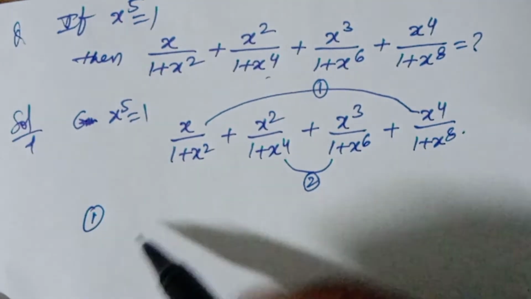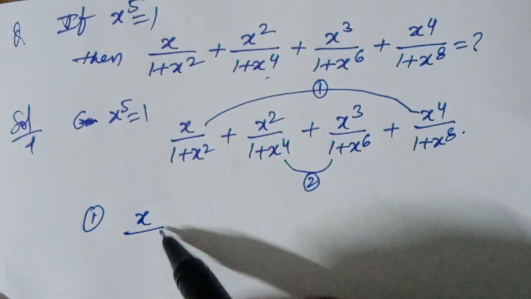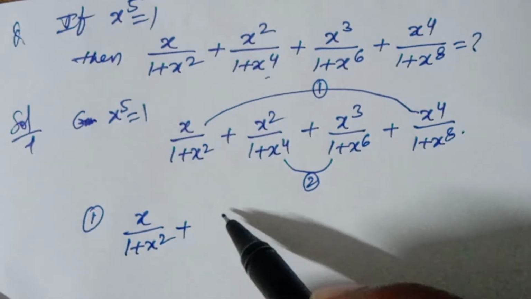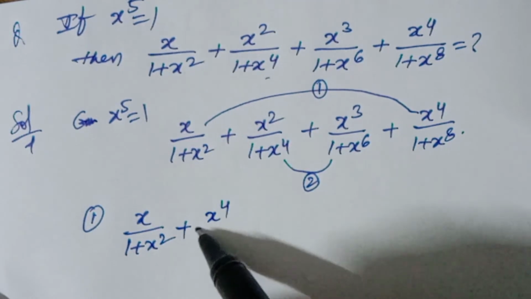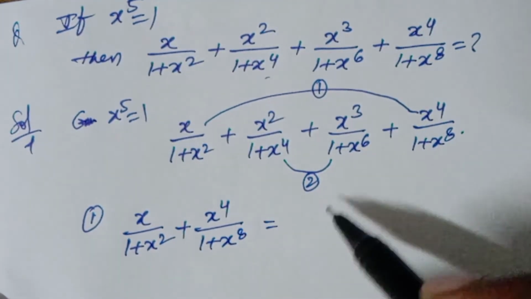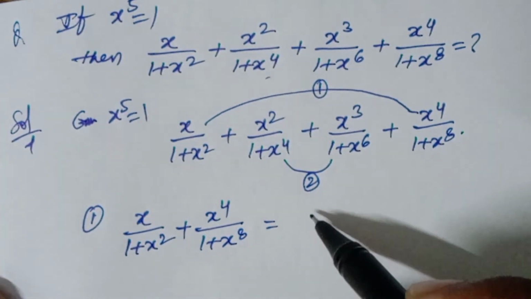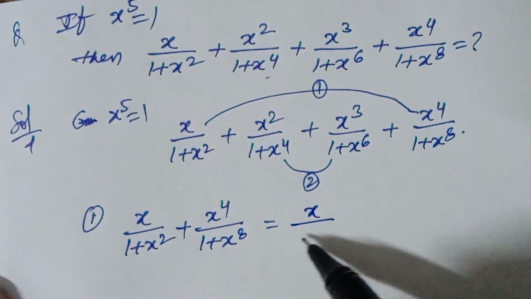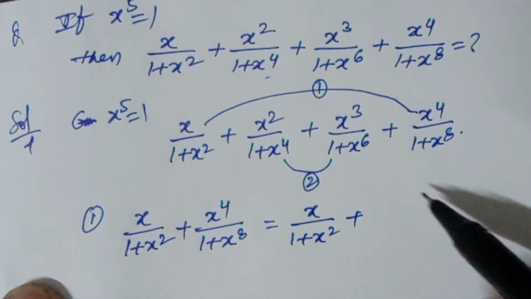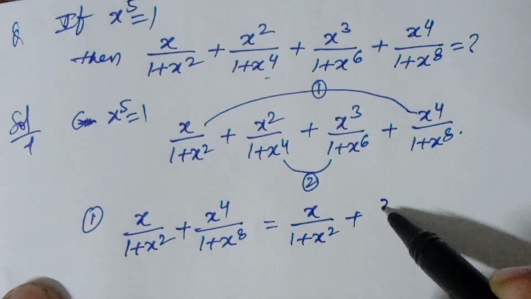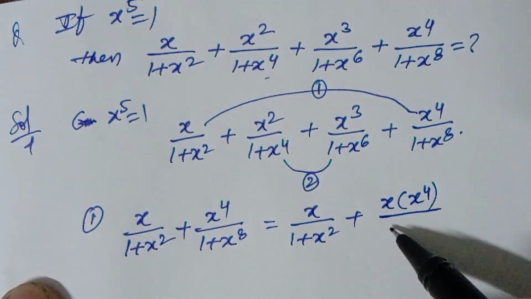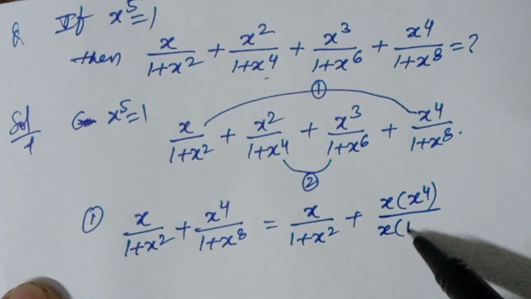First of all, I am taking x by 1 plus x square plus x power 4 by 1 plus x to the power of 8. The first one you will write the same, x by 1 plus x square. The second one, you will multiply with x in the numerator and denominator.